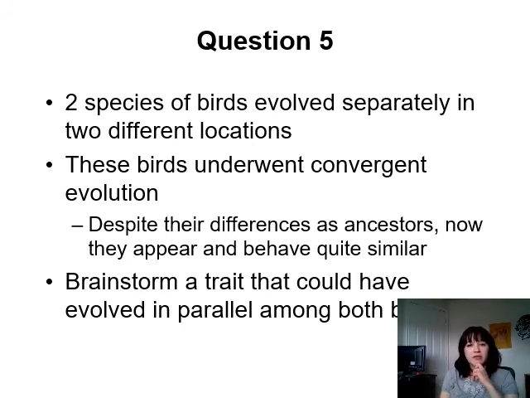So when you think about this, let's consider this idea of convergent evolution. We said it's dependent upon that second condition, that the environment is selecting what traits are beneficial. So maybe you had two bird species that were very different in, let's say, beak size, all right? One had a very short, stubby beak, and another had a really long, pointed beak, right?